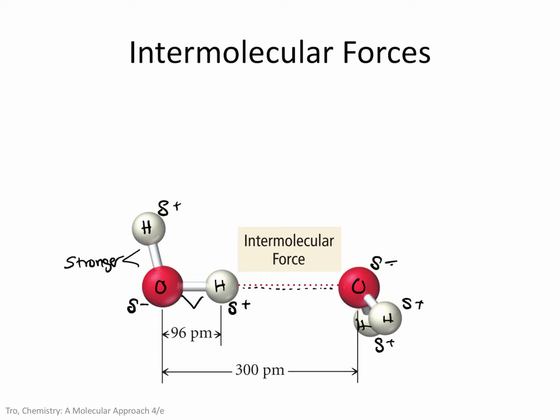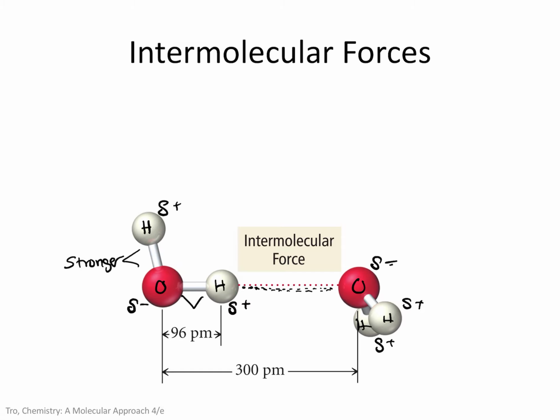So this partial negative of the oxygen on the right is attracted to the partial positive of the hydrogen on the left. That is my intermolecular force. But it's not the same as a negative and a positive charge coming together like an ionic bond. It's partial charges. So because of the partial charges and the larger distance, intermolecular forces are weaker than your intramolecular forces, the ionic and the covalent bond.